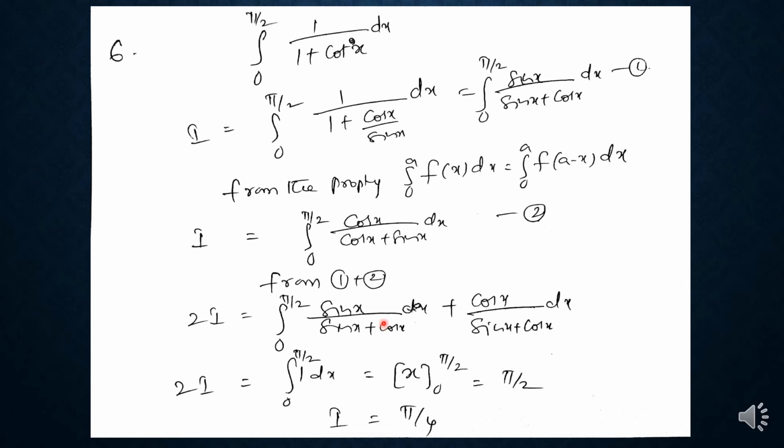So by cancelling these two, we will get integral 0 to pi by 2 1 dx, that is x from 0 to pi by 2, that is pi by 2 minus 0, that is pi by 2. 2I is equal to pi by 2, so I is equal to pi by 4. This is the solution.